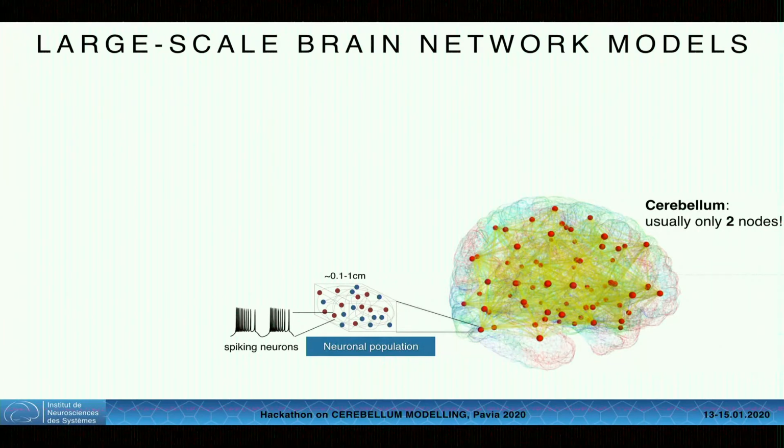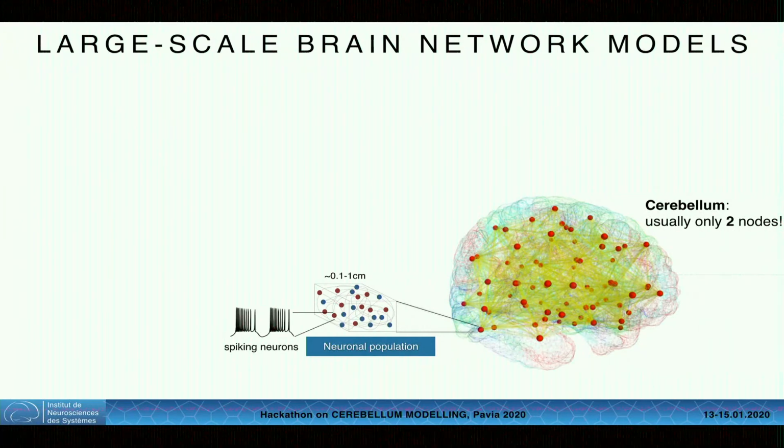And what we usually then work on are these neural populations, which can be the activity of each region of the brain. Then we assume that if this brain region was taken apart from the brain, its mean activity can be defined by some activity of a neural population, which can be described by a neural mass or a mean field, as Egidio said, and we end up with the brain network model.